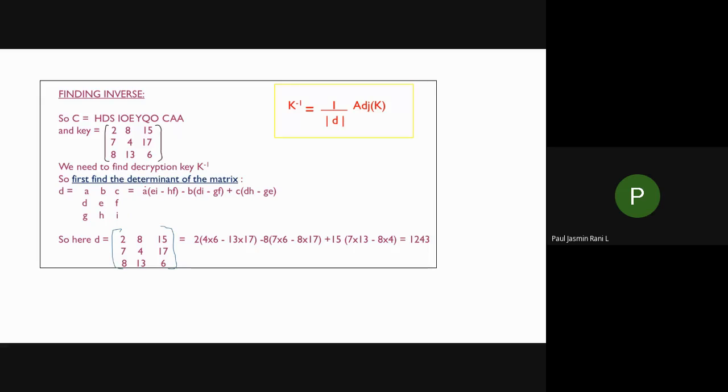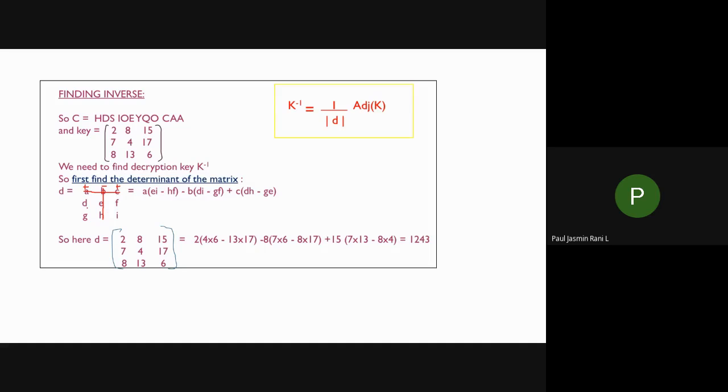Next, the signs are plus, minus, plus. First one is plus, next one is minus, so you put minus and take B. For B, to find the cofactor you hide this row and this column.